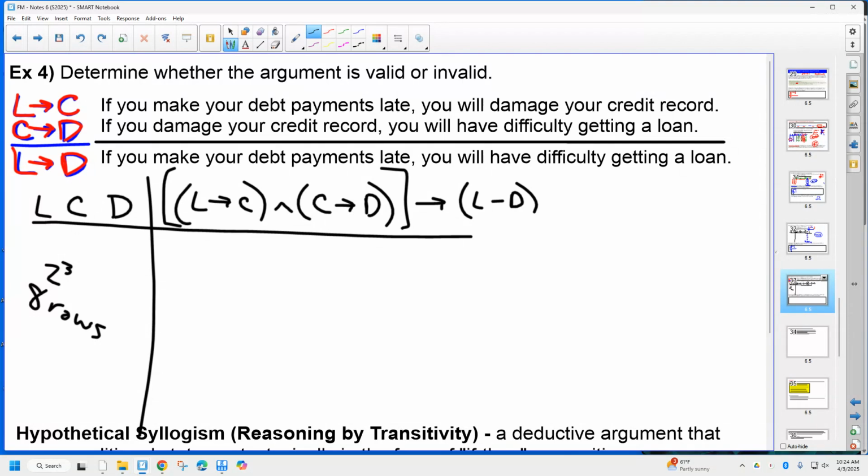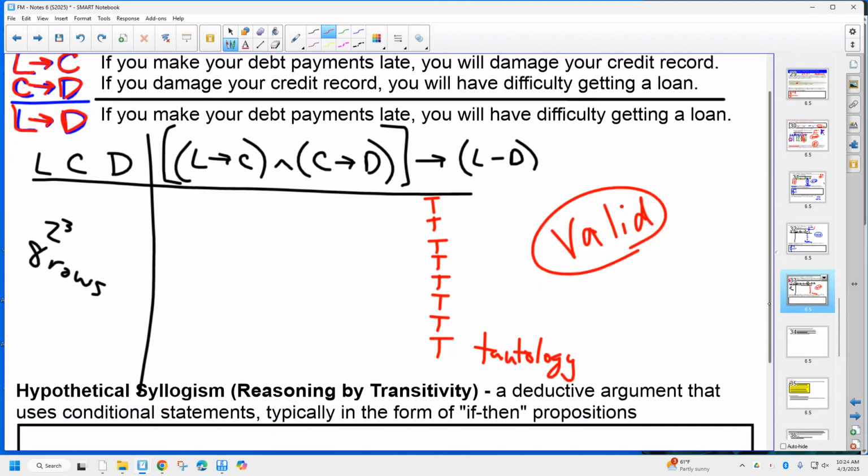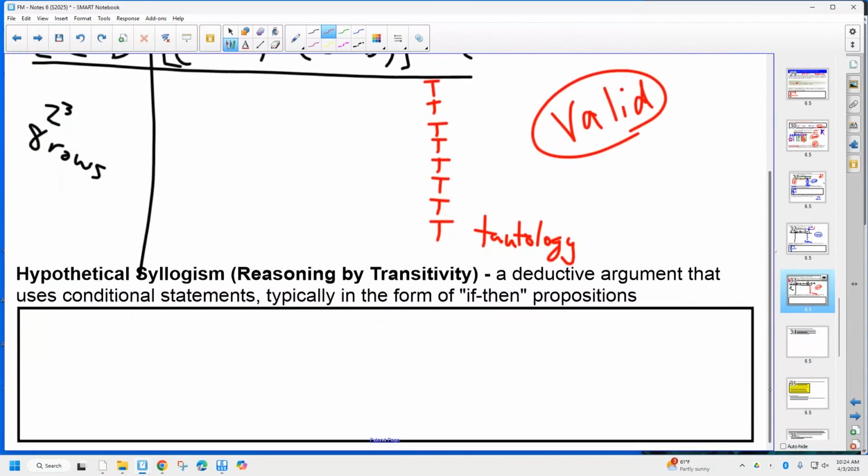And so we're going to build out this table, and we're going to have 8 rows, and we're going to do all of that work, and we're going to end up with a tautology. And if you can get to that, you know that that argument is valid.